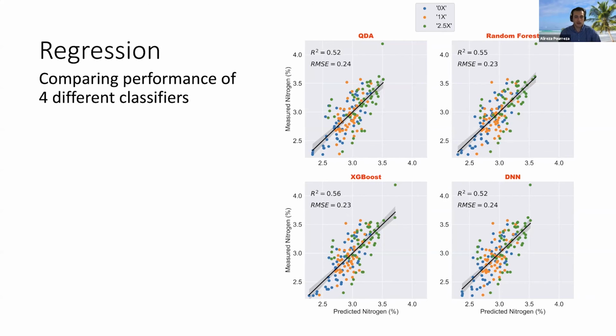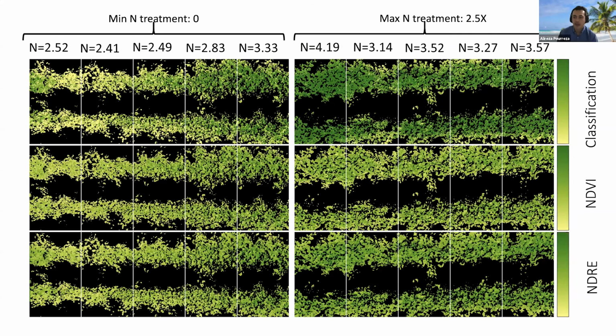We actually don't expect remote sensing to do magic for us. As long as it can give us a good insight, that would lead to much better decisions. This is just a comparison between classification of multispectral imagery compared to vegetation indices like NDVI or NDRE, which is famous for nitrogen stress.